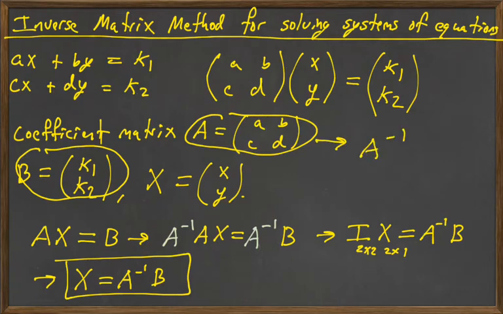And then to solve by the inverse matrix method, you'll simply multiply A inverse and B. And so let's go ahead and try that out. So we're going to solve using the inverse matrix method.